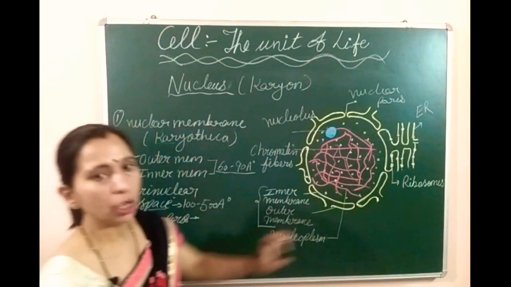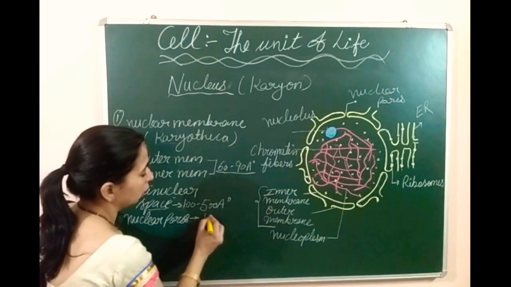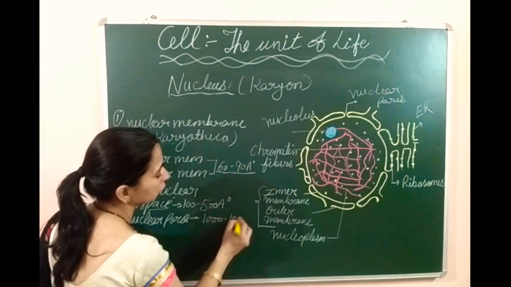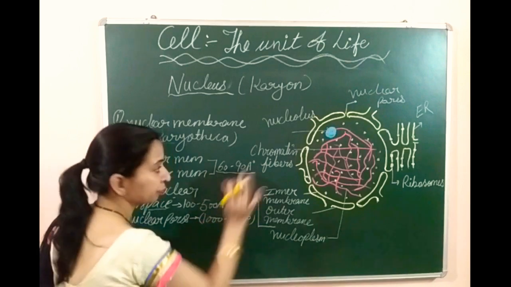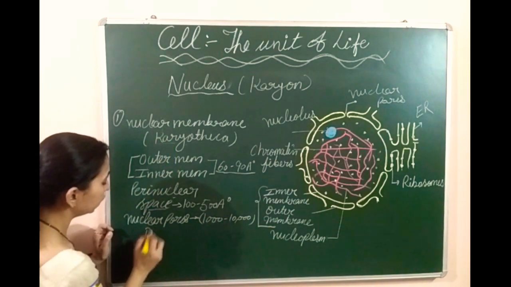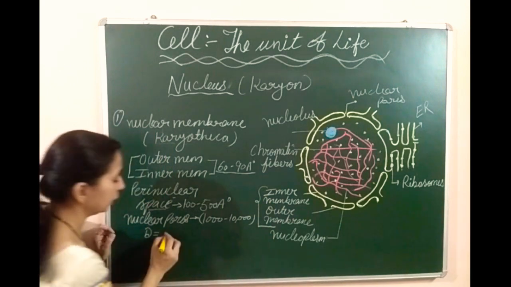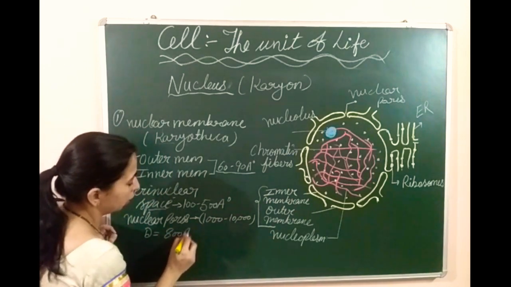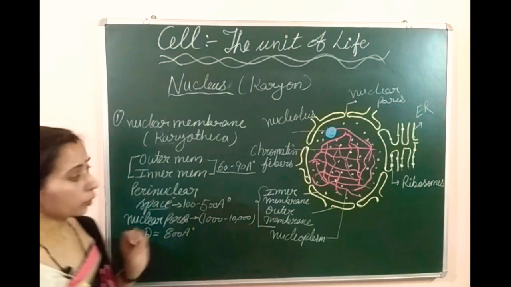The number ranges from 1000 to 10,000. 1000 से लेके 10,000 तक nuclear pore present होते हैं. The diameter of a nuclear pore is around 800 Angstrom. 800 Angstrom का होता है.